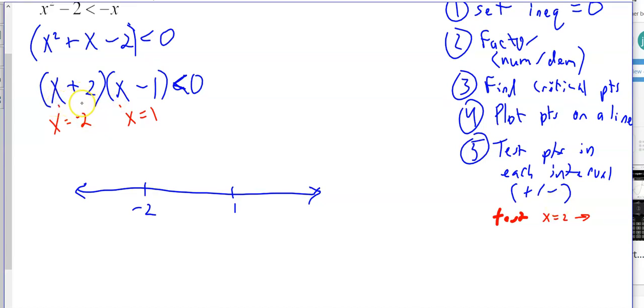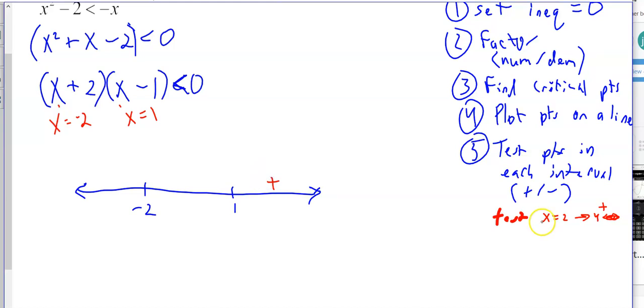So 2 plus 2 is 4. 2 minus 1 is 1. So 4 times 1 is 4. The big thing is 4 is positive. So in this interval, I'm going to put a plus sign there.